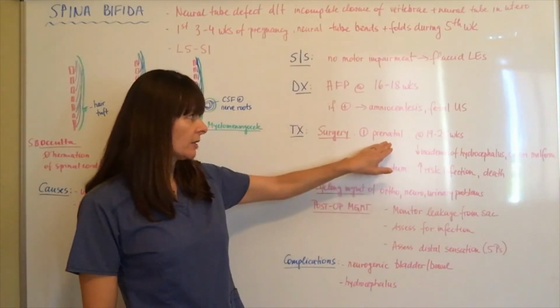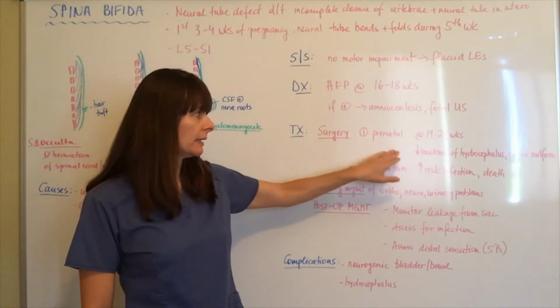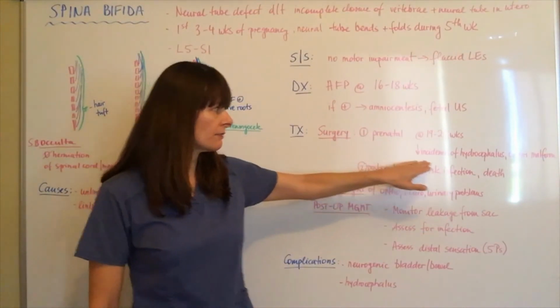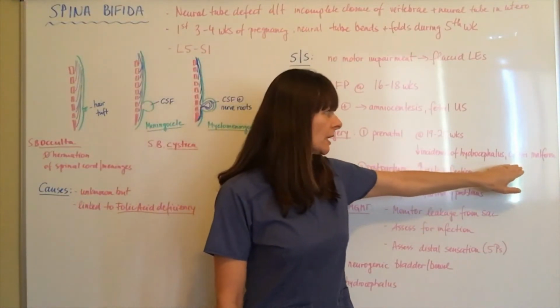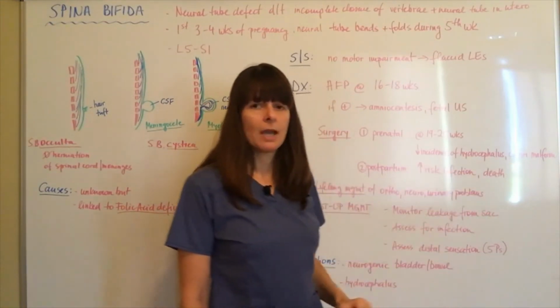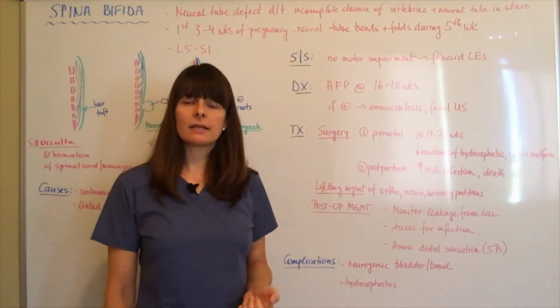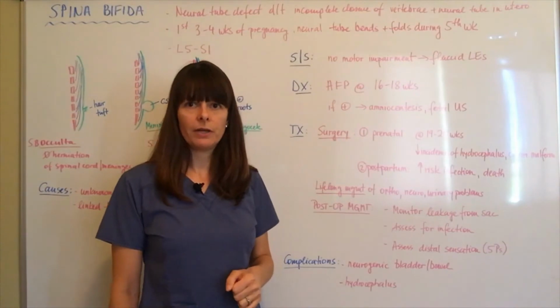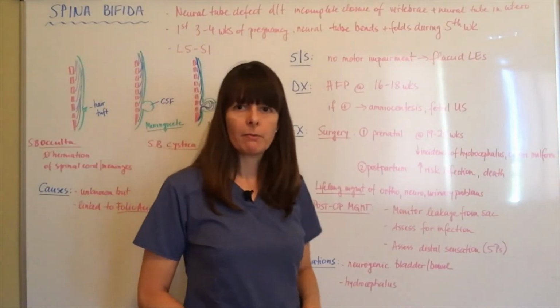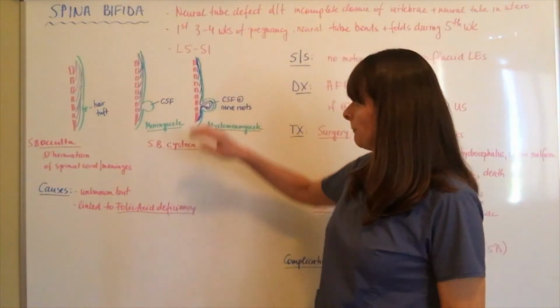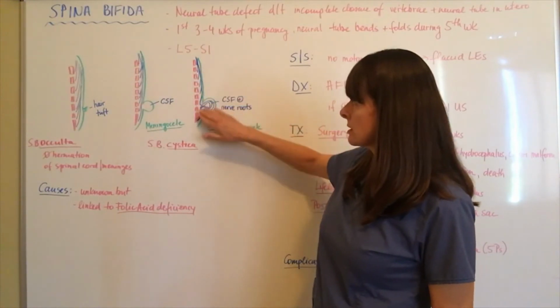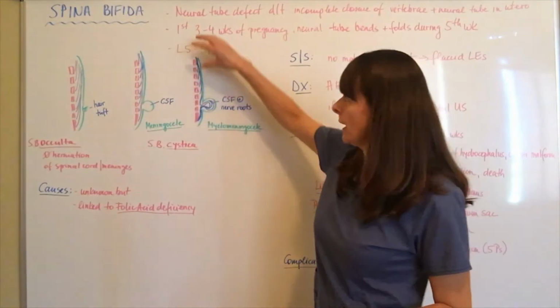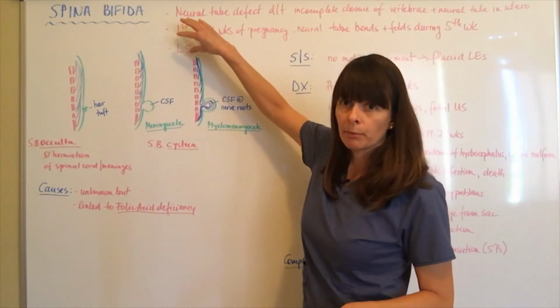But the advantage is, if it's done prenatally, there's a decreased incidence of hydrocephalus and Chiari malformation. Hydrocephalus I'll be discussing in more detail in a different video, but Chiari malformation basically means that this is the spinal cord here in blue, and on top we have the brain.